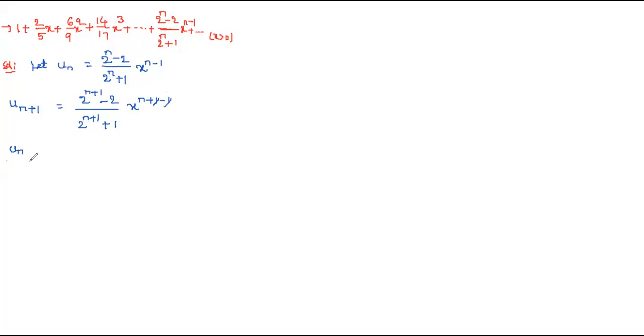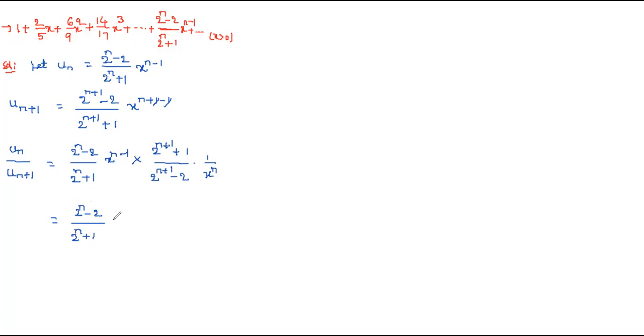And now you can write un by un plus 1. So un is nothing but (2^n minus 2)/(2^n plus 1) into x^(n minus 1), into, un plus 1 is nothing but (2^(n plus 1) plus 1) by (2^(n plus 1) minus 2), and then here it is having 1 by x^n.